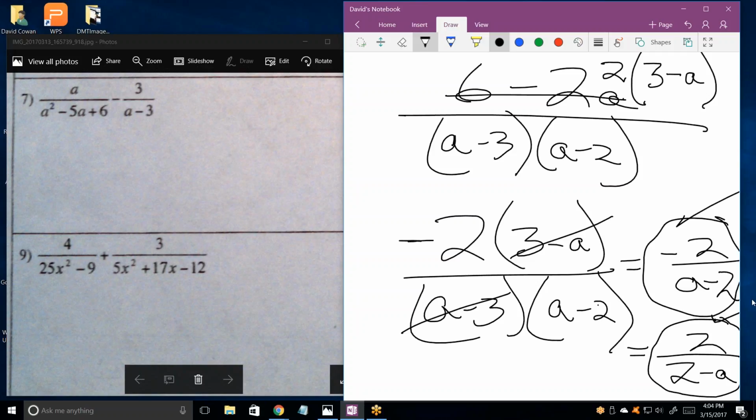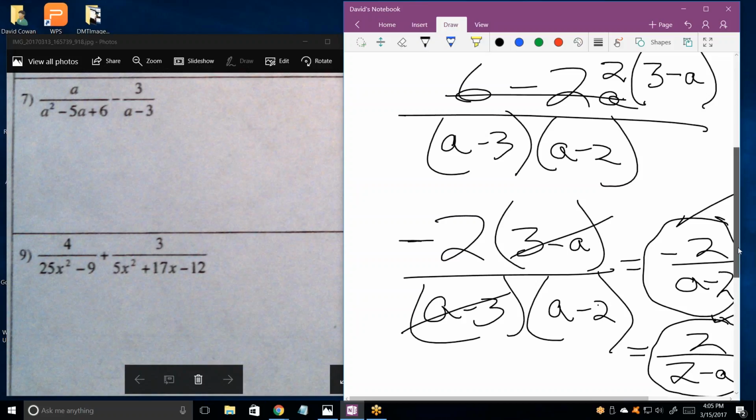They're the same expression. All I've done is change the bottom to 2 minus a, and therefore I have to add another negative. That's the reason I said this is a good problem, because it allowed us to simplify.